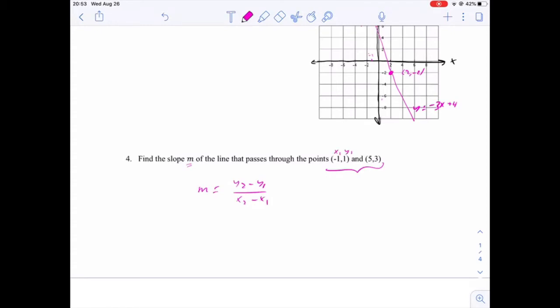This point is x1, y1, this point is x2, y2, and then we plug it into this formula to get 3 minus 1 over 5 minus -1. 3 minus 1 is 2. 5 minus -1 is 5 plus 1, which is 6. That's equal to 1/3. So this is the slope.